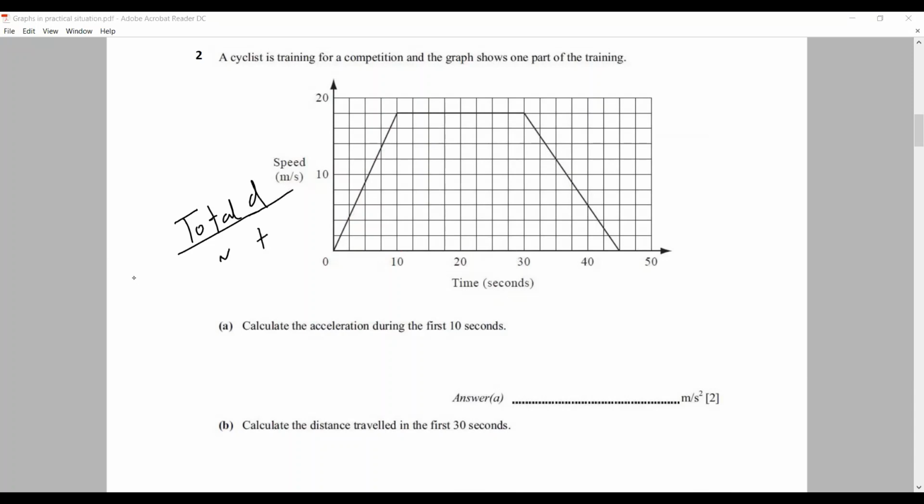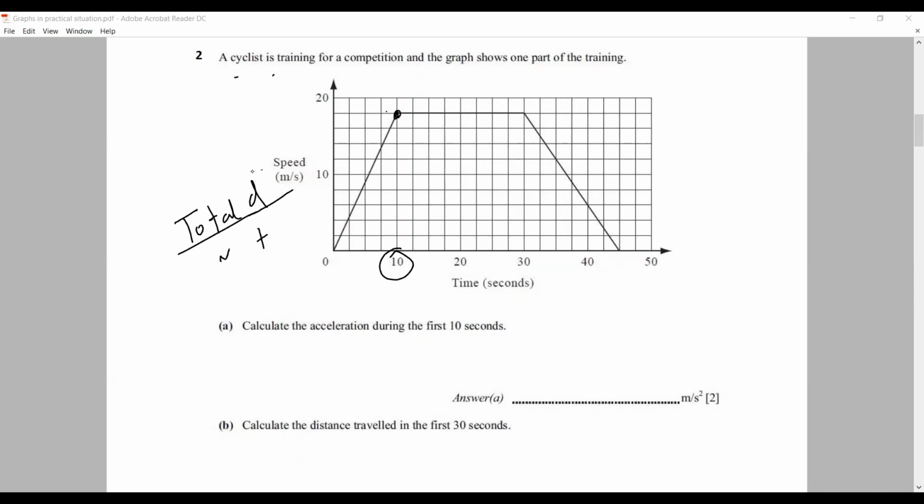Okay, that's a formula for average speed, not instantaneous speed. For example, right now, if they ask me at 10 seconds, right at that instant, what is the speed of this cyclist? Well, that would be 18 meter per second, right? So we call that instantaneous speed.